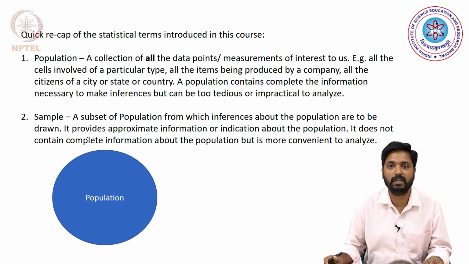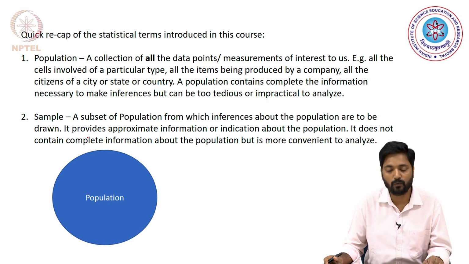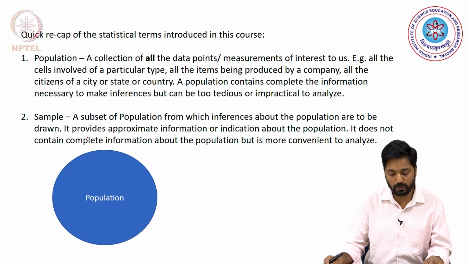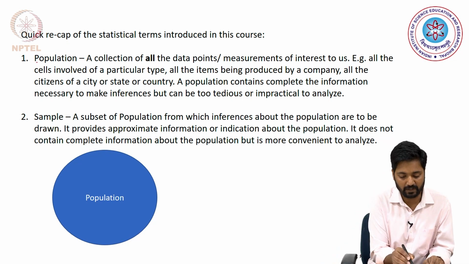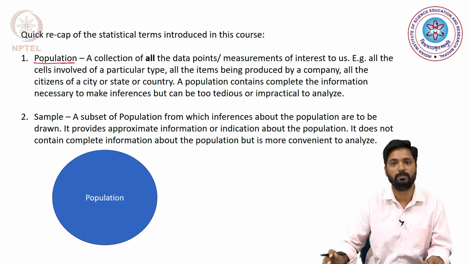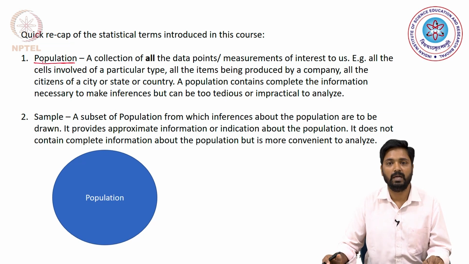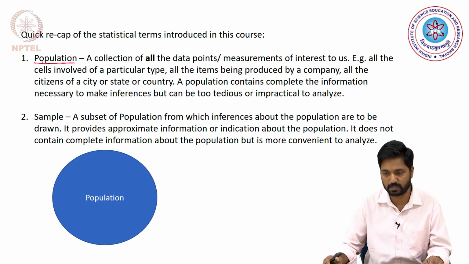So before we delve further, let us take a very quick recap of the statistical terms that have been introduced in this course. One of the terms that you might have encountered is the concept of population. In statistics, population is the collection of all the data points or measurements that are of interest to us.